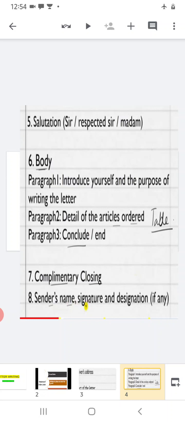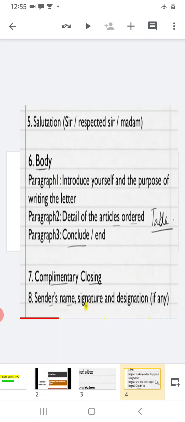In para 2, you have to write down the details of the articles ordered. Now necessarily there has to be a table made. In a tabular form, you have to write down the list of the articles along with their company, their quantity, their quality, etc., whatever you want the dealer to know.